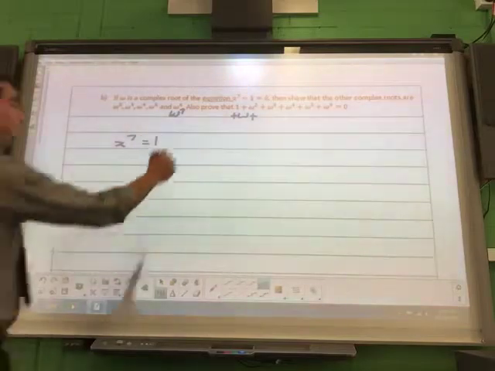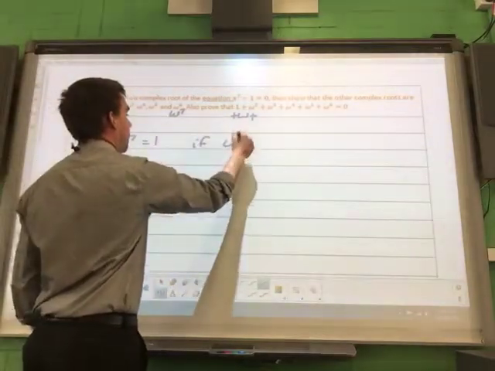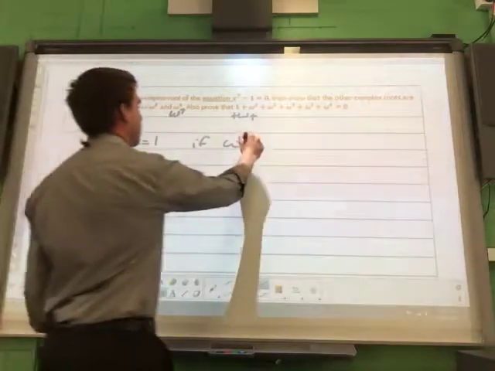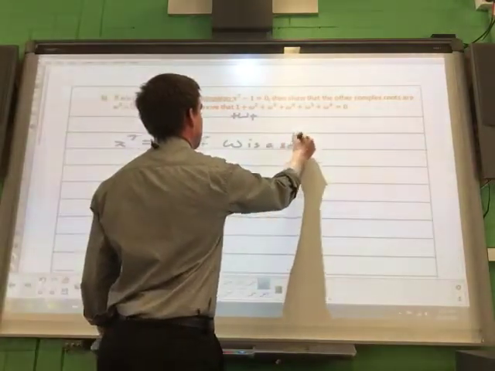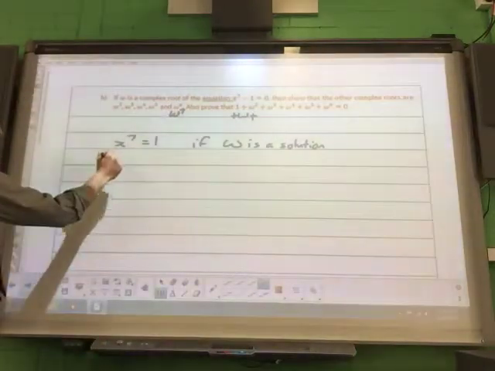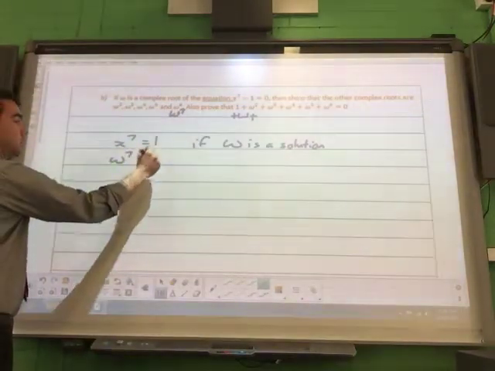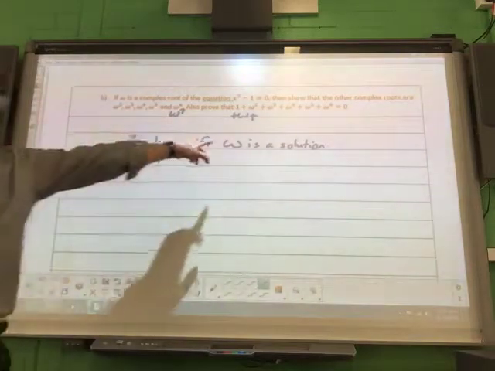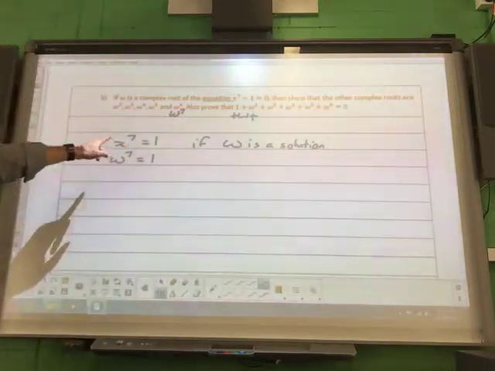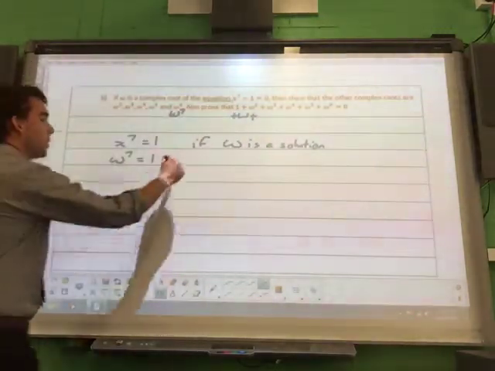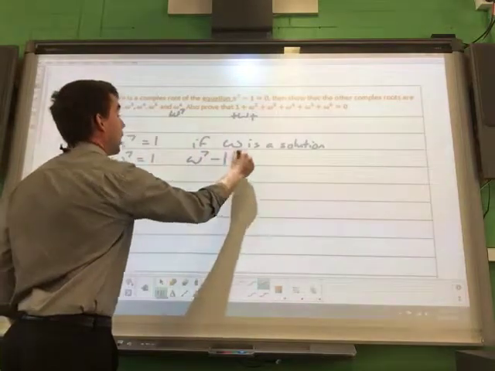If omega is a solution, that must mean that omega to the power of 7 is equal to 1. Substituting your root, it must match your equation. In other words, omega to the power of 7 take away 1 is 0.